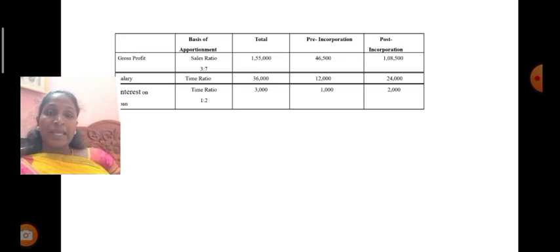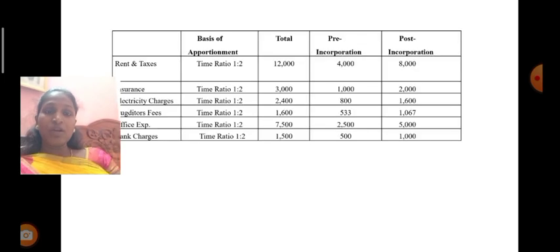The next item is salary. Salary is calculated on the basis of time ratio, that is 1:2. Next, interest on loan, calculated on time ratio. So the amount is 1,000 for the pre-incorporation period and 2,000 for the post-incorporation period. The next item is rent and taxes.